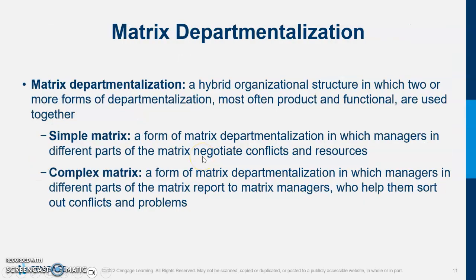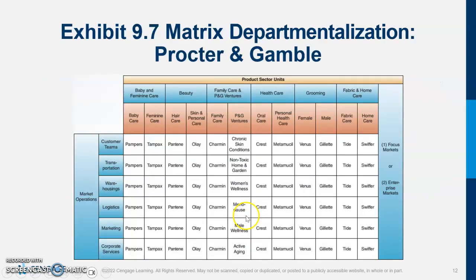And then a matrix is just a combination of 2 of the others. So a simple matrix is one in which managers in different parts of the matrix negotiate conflicts and resources, and a complex matrix is one in which managers in different parts of the matrix report to matrix managers who then help them sort out conflicts. So here's an example, and this is what I really want you to know.